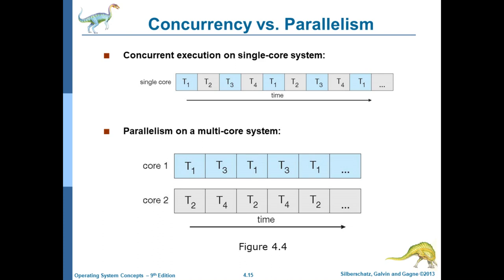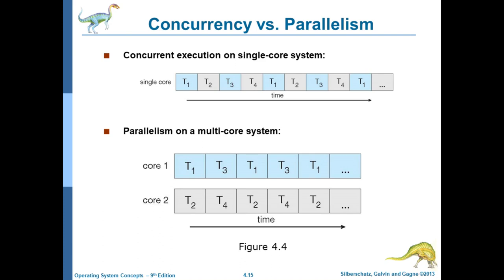Parallelism is useful for increasing the throughput and computational speed of the system and taking advantage of multiple CPUs. However, parallelism requires more hardware resources and coordination between different processors or cores.